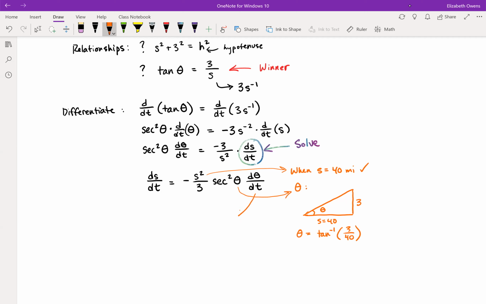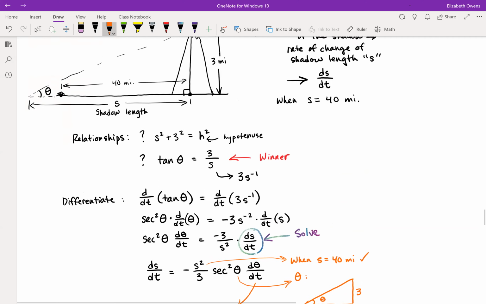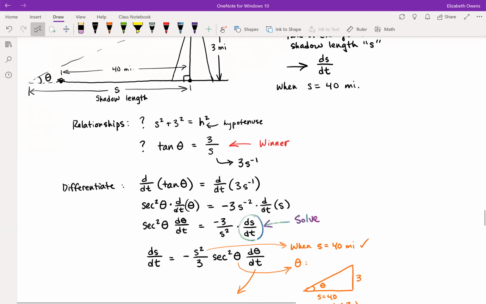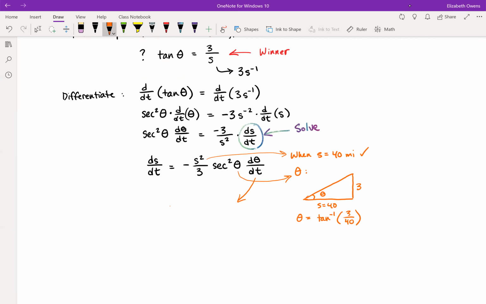And then for d theta dt, that is the rate of change of our angle theta as the sun moves across the sky there. So this is for the rate of the sun's "movement" across the sky.